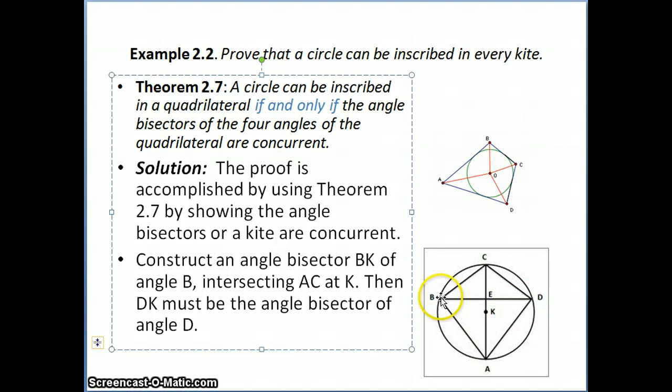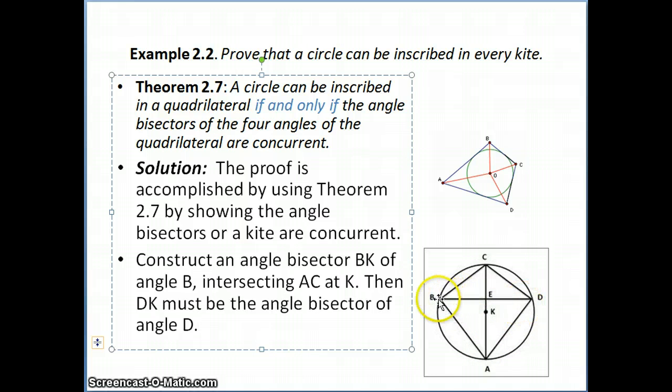This can be proved using the congruent triangles BKA and DKA, which can be verified by SAS. So these two triangles are congruent. That means the angles ABK and ADK are congruent.